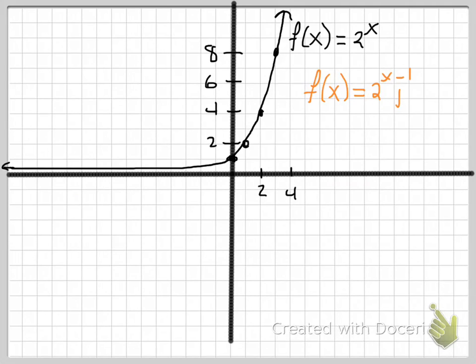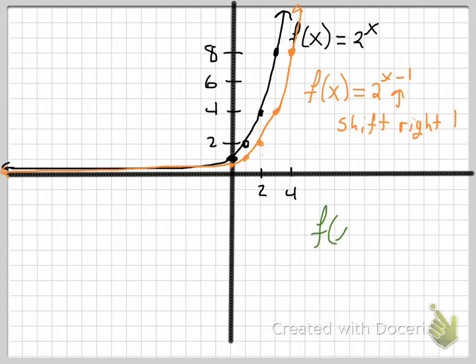If it's x minus 1, that's going to be a horizontal shift to the right 1 unit. So all we got to do to graph this is move each one of those points over to the right one, and we have our graph. So that wasn't so bad.